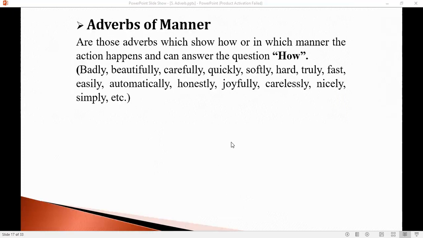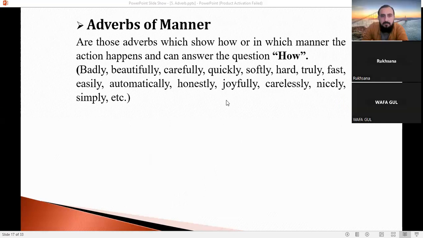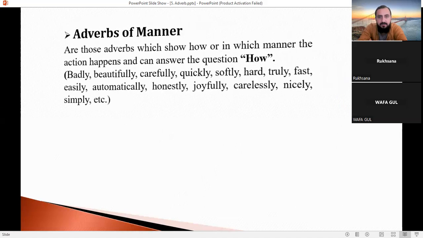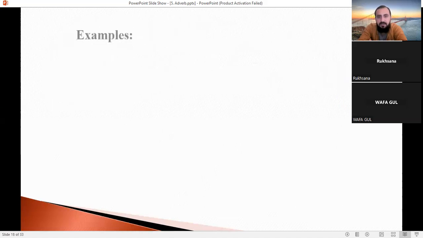Like badly, beautifully, carefully, quickly, softly, hard, truly, fast, easily, automatically, honestly, joyfully, carelessly, nicely, simply, etc. These answer the question how. They are made by adding ly or ily to the adjectives, as we discussed earlier.